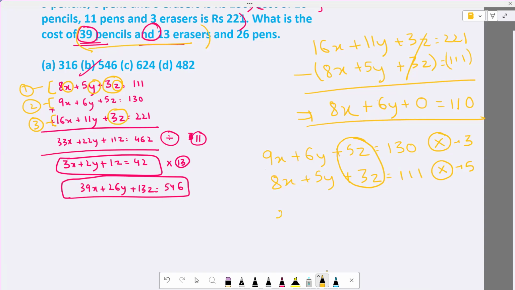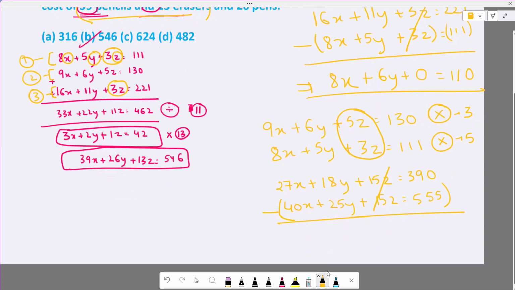So 9 threes are 27x plus 6 multiplied by 3 is 18y plus 15z, and this multiplied by 3 is 390. Then 8 multiplied by 5 is 40x plus 5 multiplied by 5, 25y plus 15z equals 555.